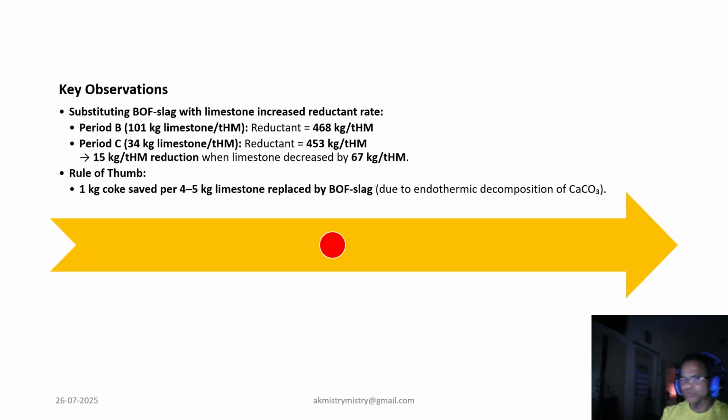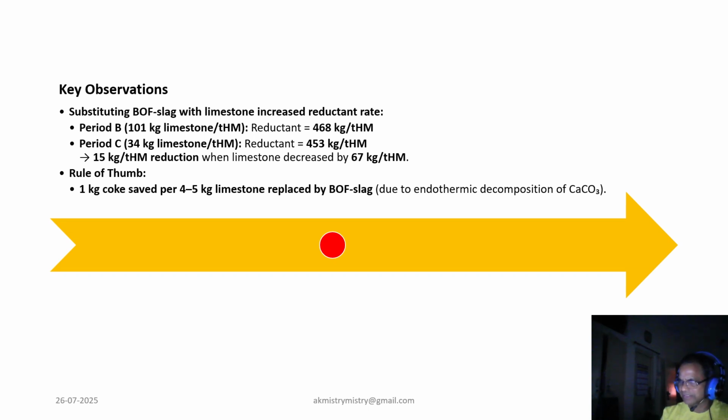So now coming to the question in this slide: why does limestone increase reductant rate? This is a very important question, and everyone knows about it, but I want to replicate the logical scientific relation on this slide for clarity.